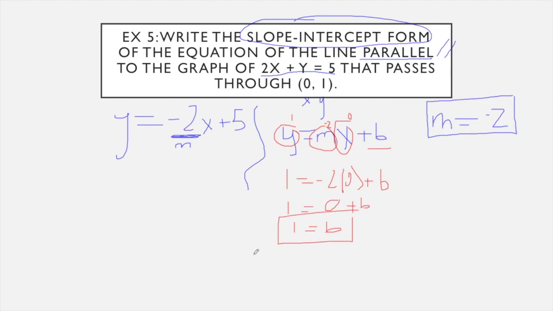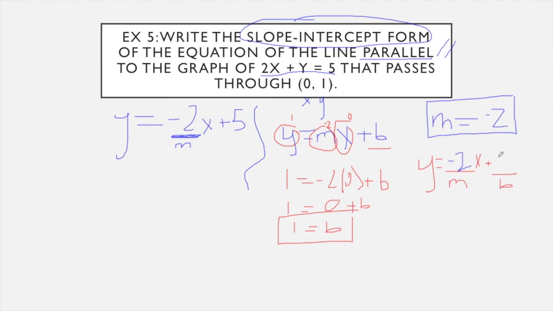Now if this is true, we know the final step to write our equation. We know we need y equals mx plus b. So let's substitute in the two values we know are true. M is a -2, so I'll put that in this slot that it goes in.